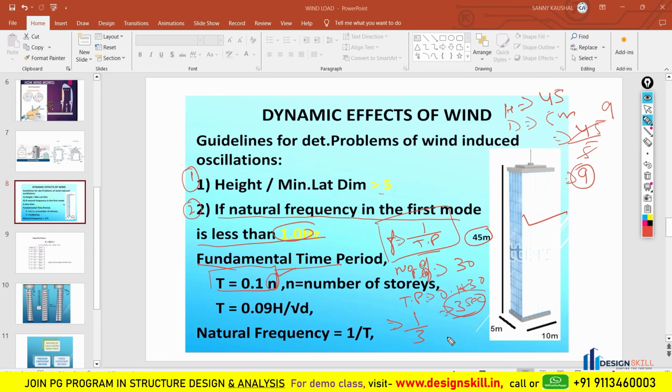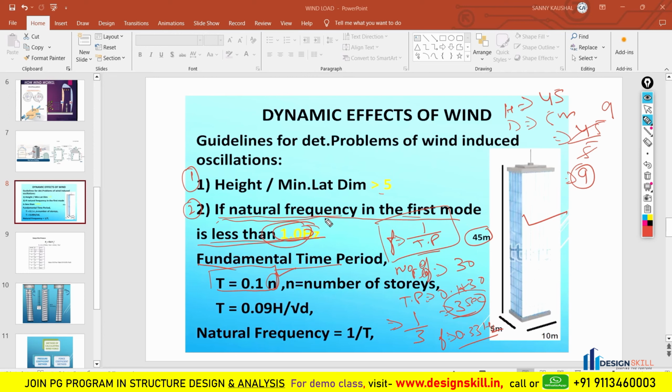So the frequency is 0.33 Hertz. Now what is the condition here? If the natural frequency in the first mode is lesser than 1 Hertz, generally yes, 0.33 is lesser than 1 Hertz, then I require to apply the dynamic effect of the wind.